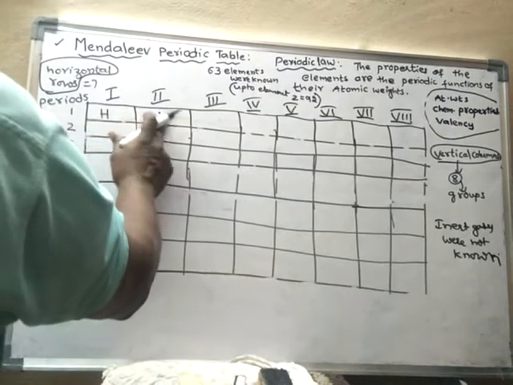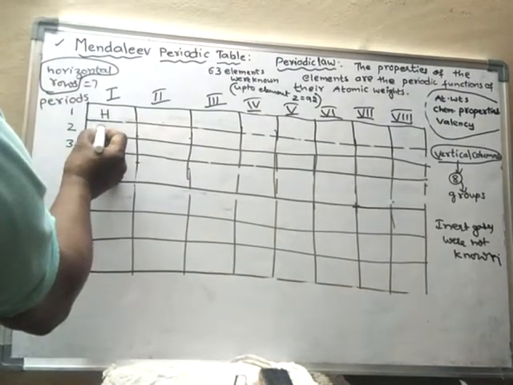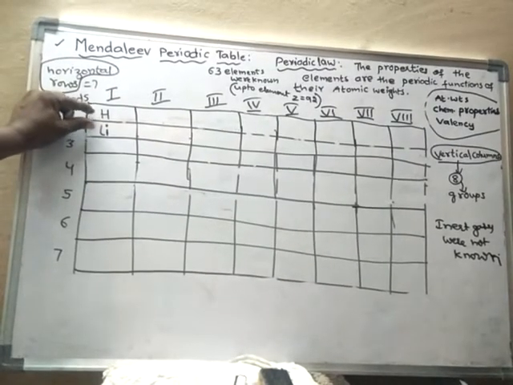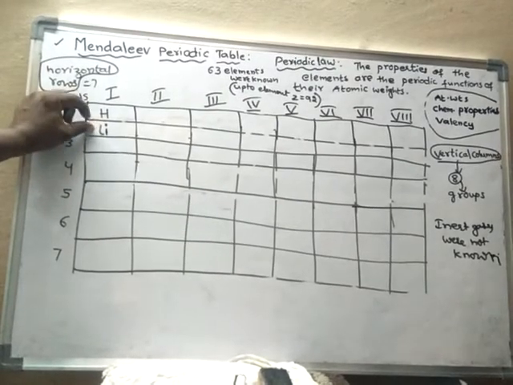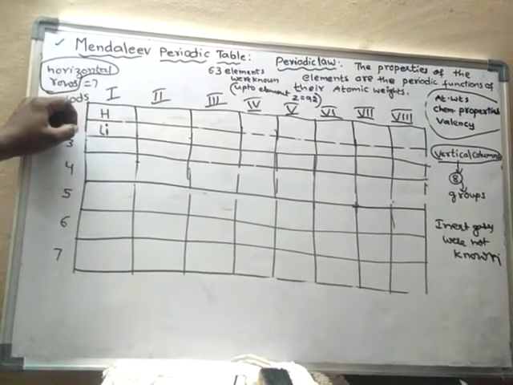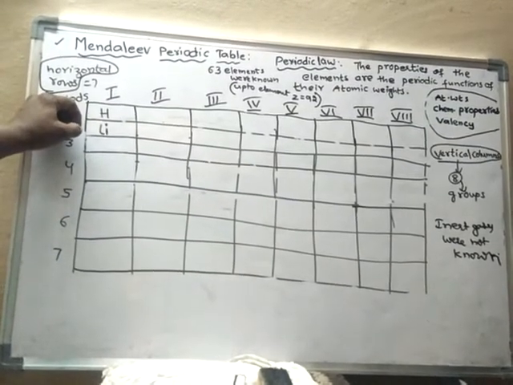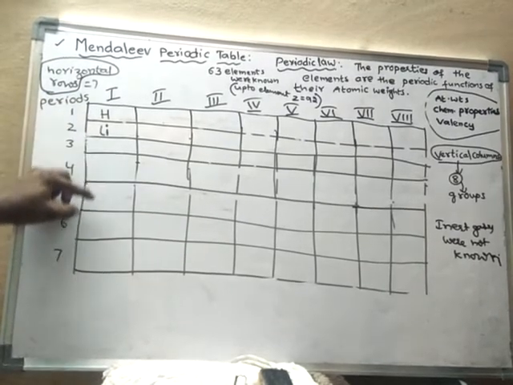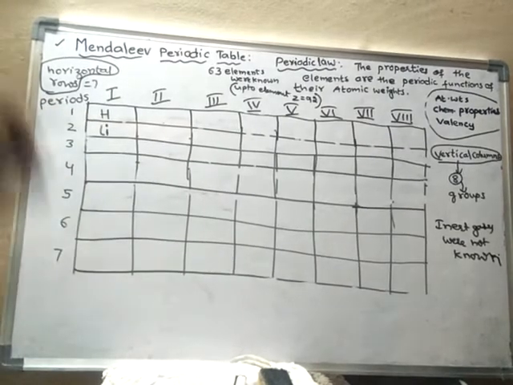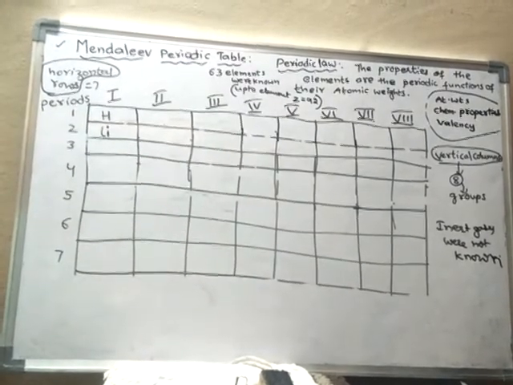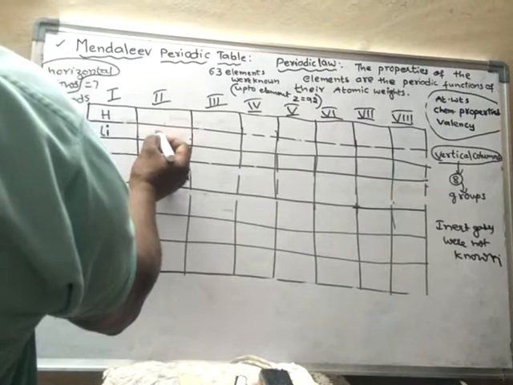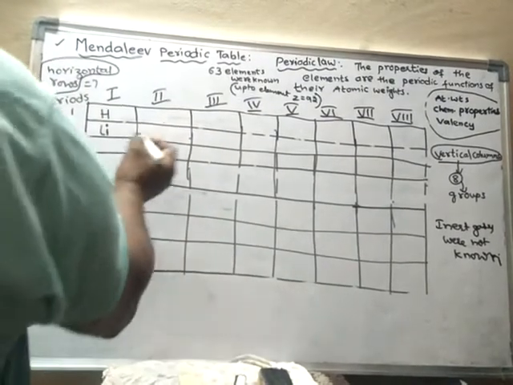Hence, he removed lithium from here and kept hydrogen and lithium as a group. That means lithium was placed below hydrogen because these two show similar properties. He arranged the elements which show similar properties in a particular vertical column known as a group, so these two elements belong to the same group. What is the next element? Beryllium. After lithium, the element with the higher atomic mass is beryllium.